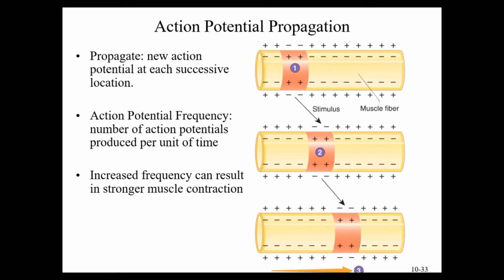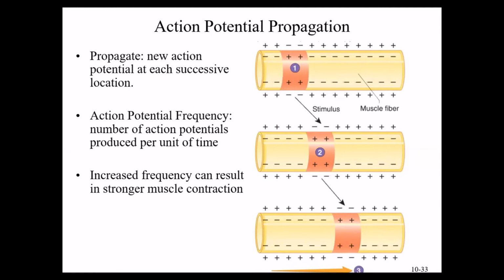And so one thing we'll talk about here is what's called action potential propagation. That's just how that action potential is moved throughout the cell membrane. It propagates, kind of like a wave-like action. For example, you create an action potential in one section of the cell membrane, not the whole muscle fiber. Remember how long the muscle fiber is.